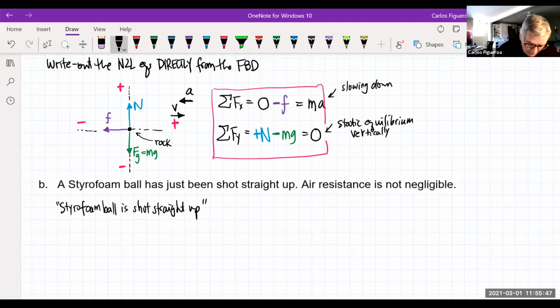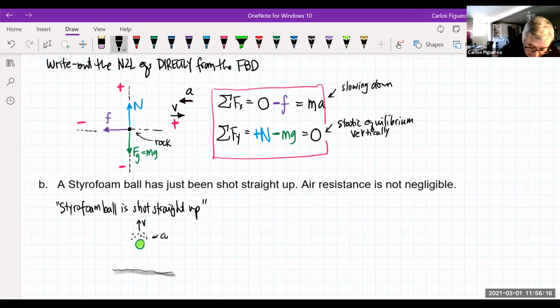I imagine that here's the ground, and the ball has been shot. So here's my styrofoam ball, it's right there. As it goes up, if I can't ignore air resistance, that means the ball is colliding with air molecules.